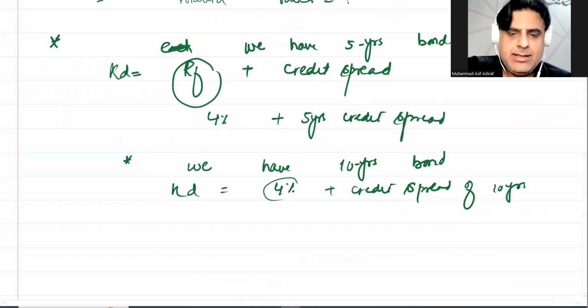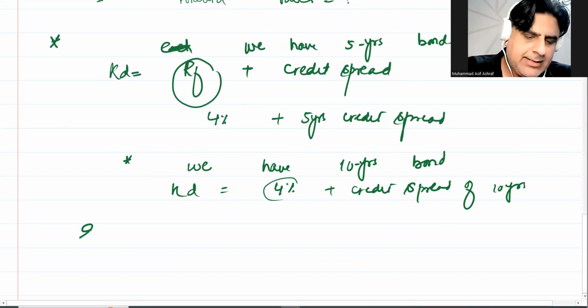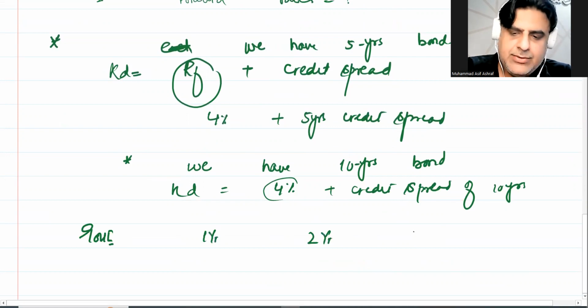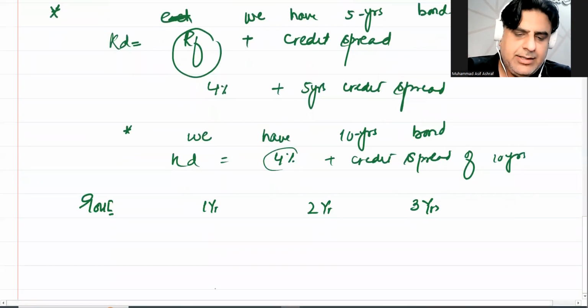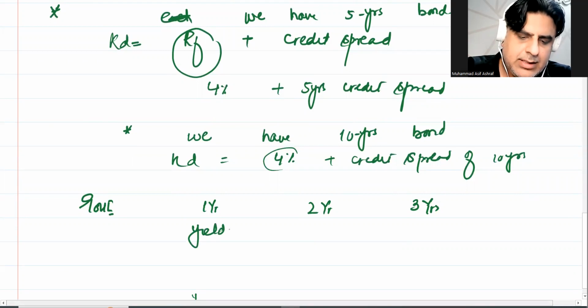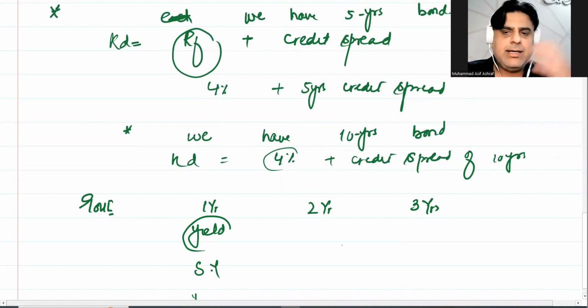So here is the concept: government has issued 1 year bonds, 2 year bonds, 3 year bonds, and each year's yield is called the spot yield of the 1 year bond.